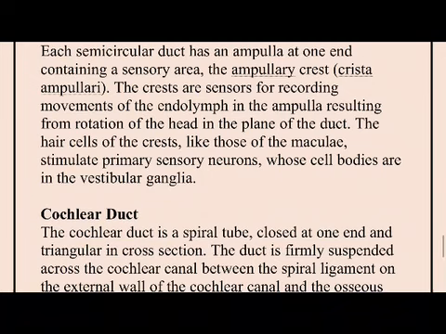Now, let me mention something about the cochlear duct. The cochlear duct is a spiral tube, closed at one end and triangular in cross section. It's right there in the diagram we saw a while ago. The cochlear duct is firmly suspended across the cochlear canal between the spiral ligament on the external wall of the cochlear canal and the osseous spiral lamina of the modiolus.